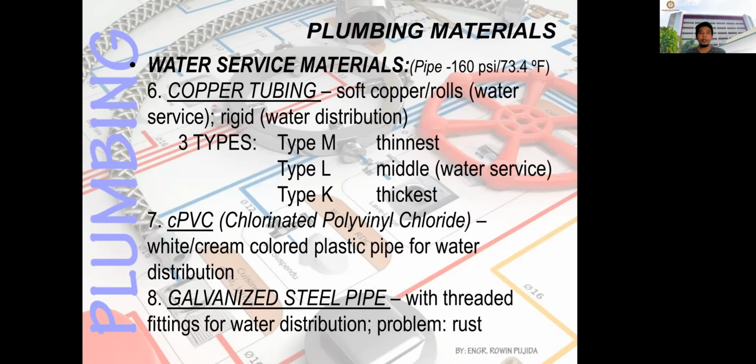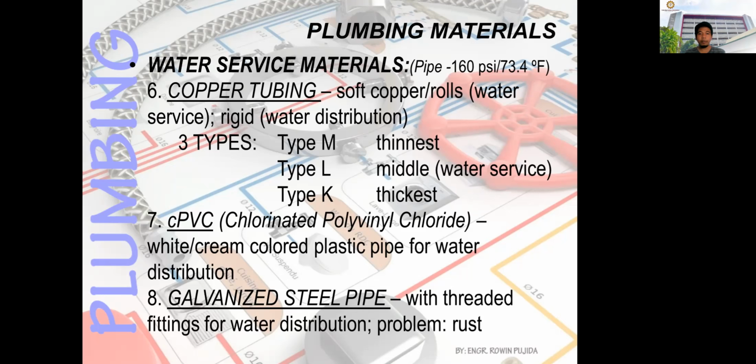Next, number 6, you have the copper tubing. I also have here the pictures of some of these water service materials in the later slides. These are soft copper in rolls for water service pipes, and rigid is for water distribution.